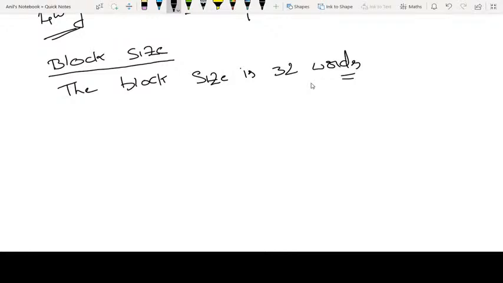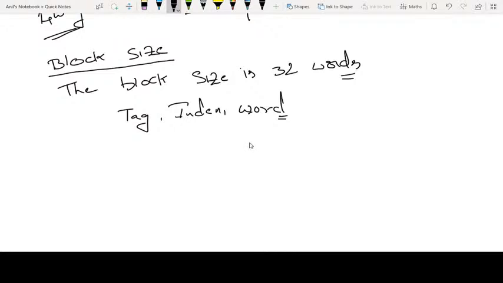When the block size is mentioned, in what way do we need to solve the question? When the block size is mentioned, we will be asked to find out the number of digits for the tag and index, and also for the word field.